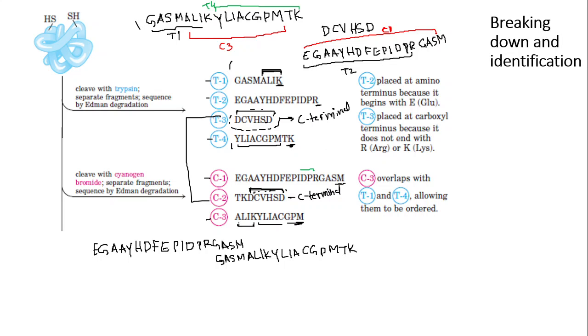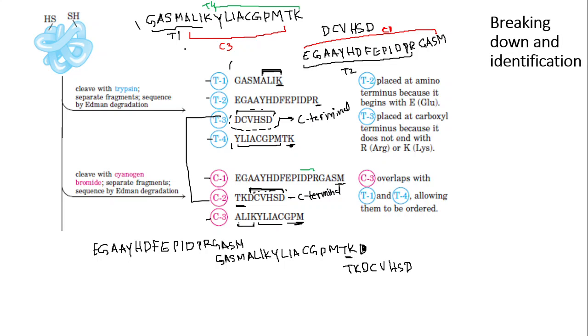the last part of the sequence, that is, you can see this is TK and this is the TK here, D, okay, so I'll write it separately, TK, DCV, HSD, okay, so that is the 3 fragments.